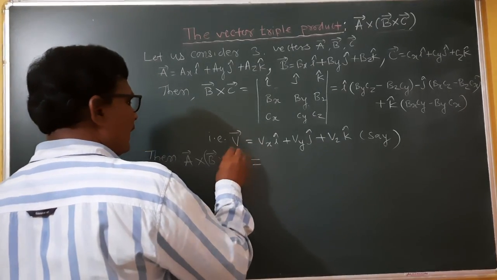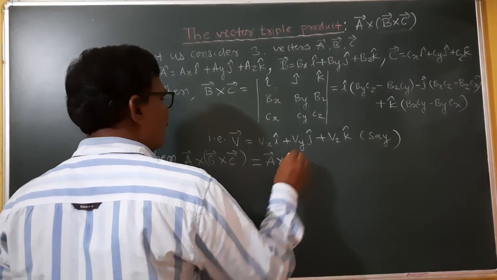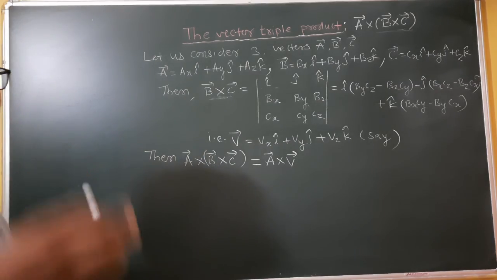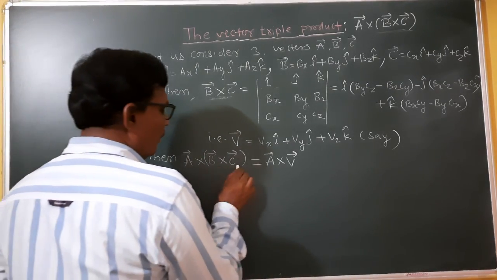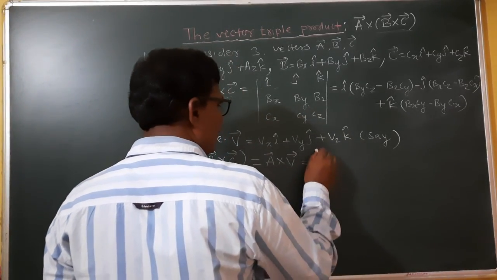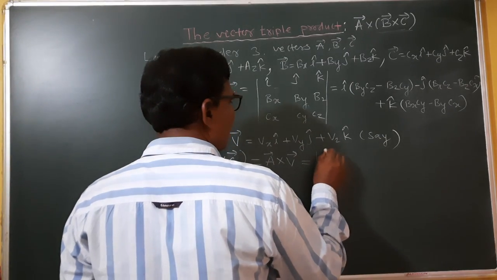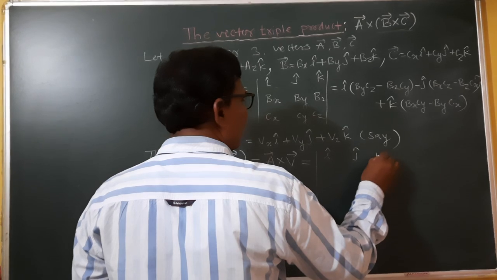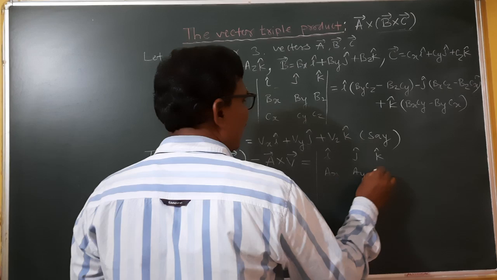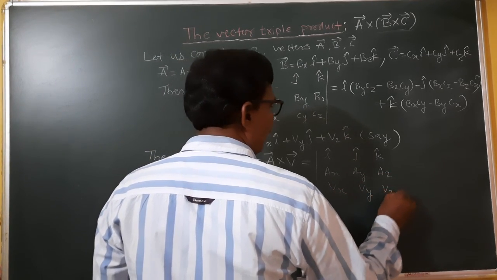We have to substitute for B cross C, that is V. Again the vector product of two vectors can be expressed in the form of a determinant, that is I, J and K, then Ax, Ay, Az, then Vx, Vy, Vz.